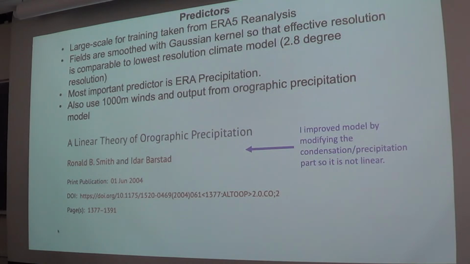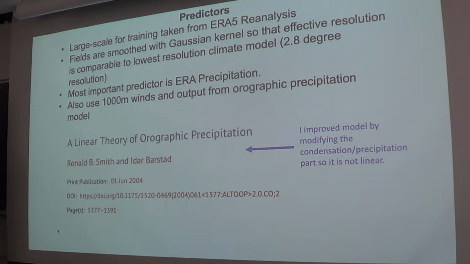And then we also use the wind field, and then we have an orographic precipitation model. It's based on this paper, which is a really interesting paper actually for understanding the dynamics of orographic precipitation. Basically, you have flow running over some topography, and then the dynamics is just gravity wave dynamics, where it sets up a gravity wave field which determines where the flow is going up and where it's going down, and it actually selects certain scales.